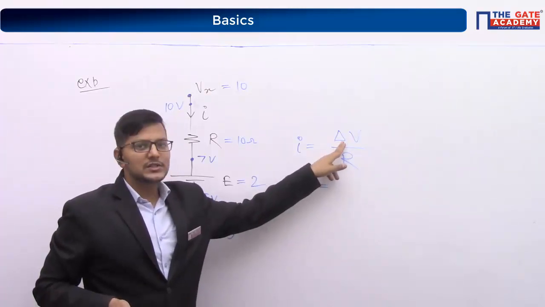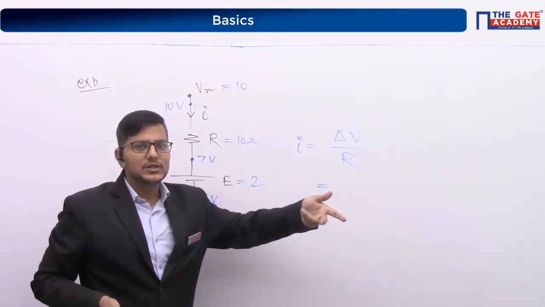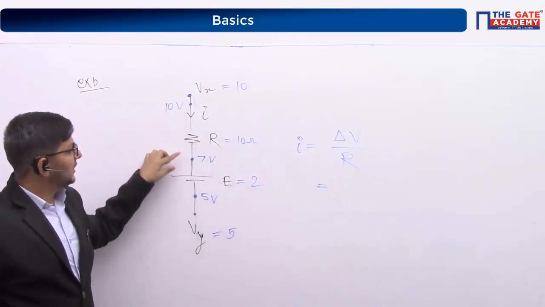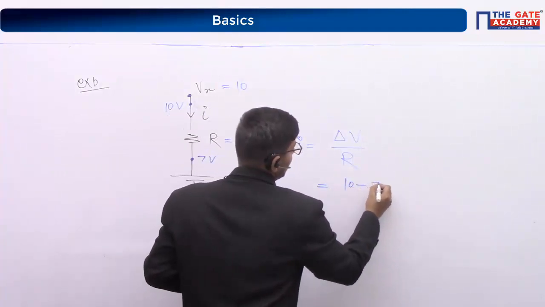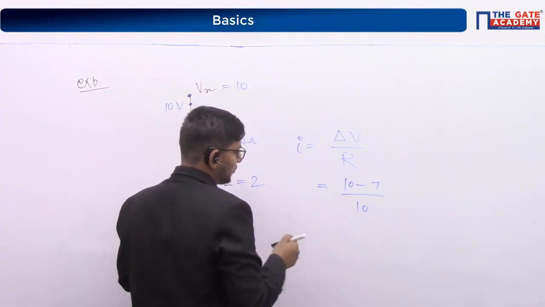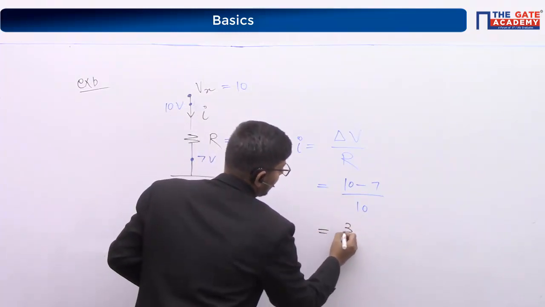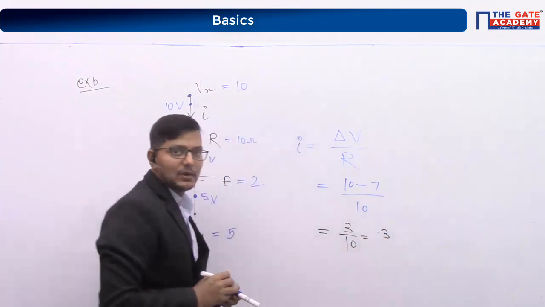What is the difference of the voltage? 10 minus 7 divided by R. What is the value of R? It is 10. It will come to 3 by 10, which is 0.3. This is the value.